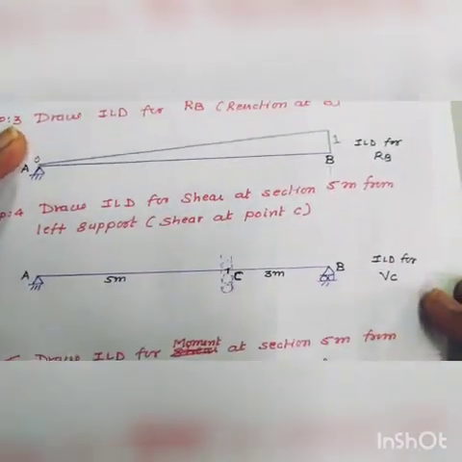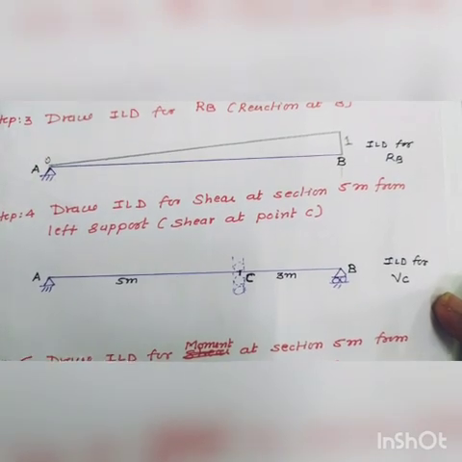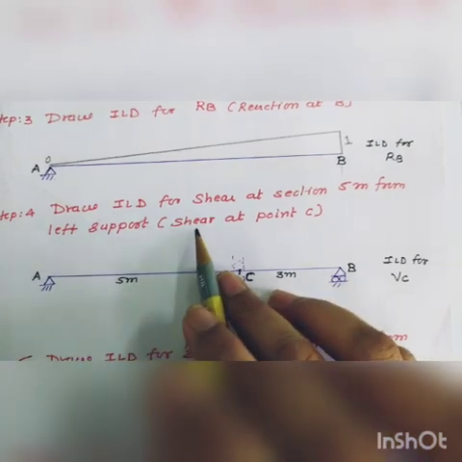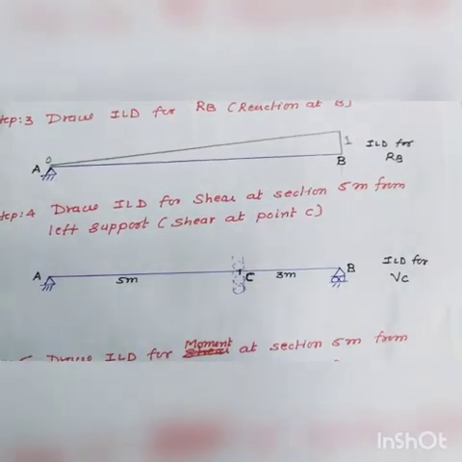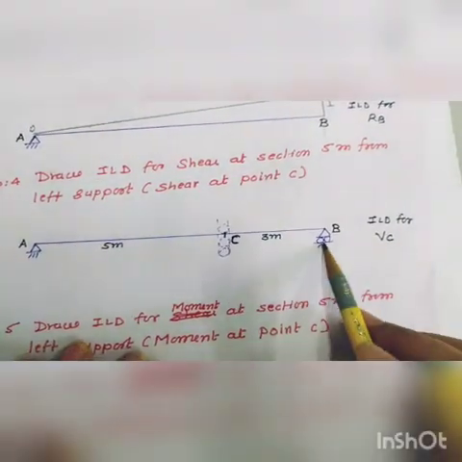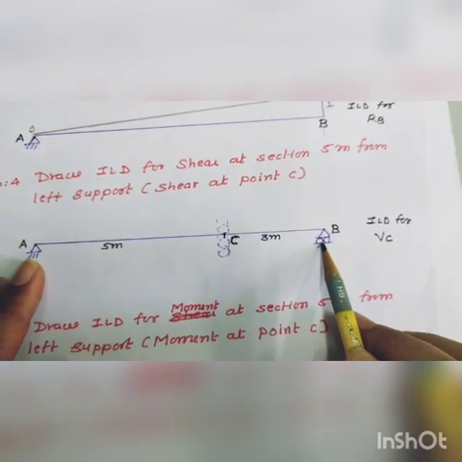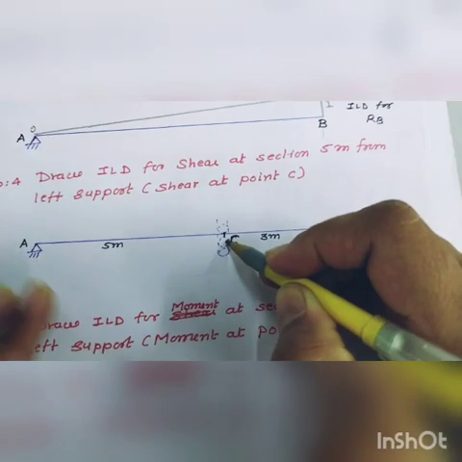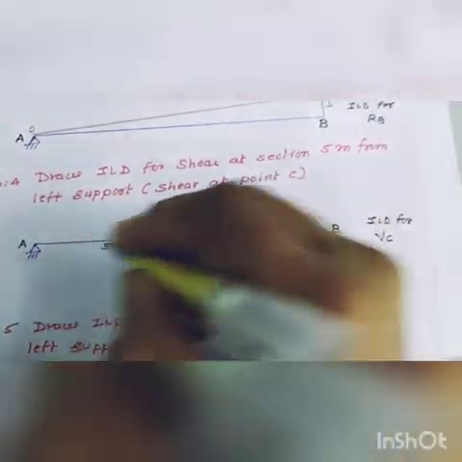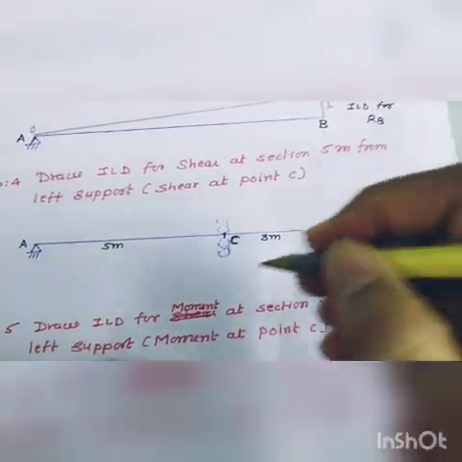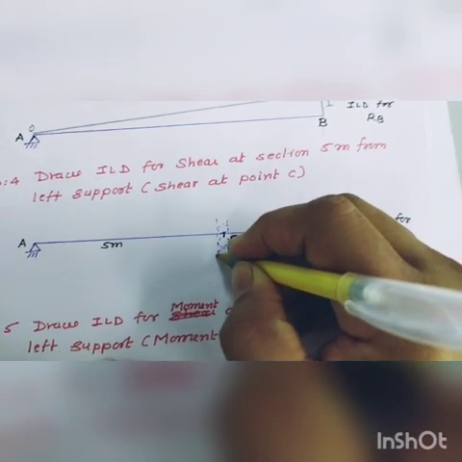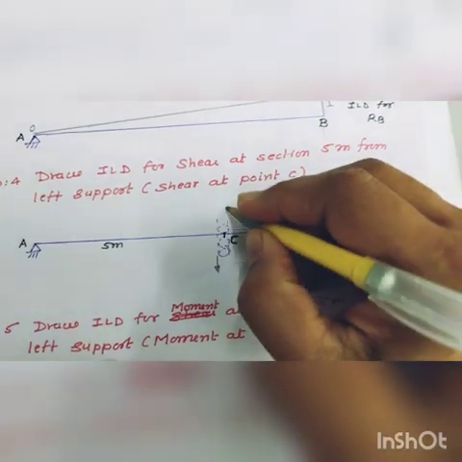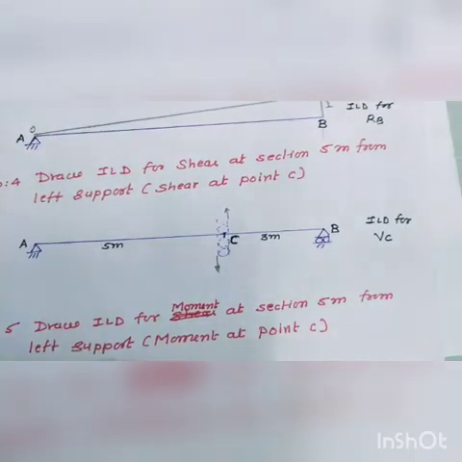Similarly, draw the ILD for shear at section 5 meter from the left support, that is, shear at point C. For that, you have to keep supports A and B as they are. Provide a vertical guided roller at support C. For the vertical guided roller at point C, apply the downward force on the left hand side and apply the upward force on the right hand side.